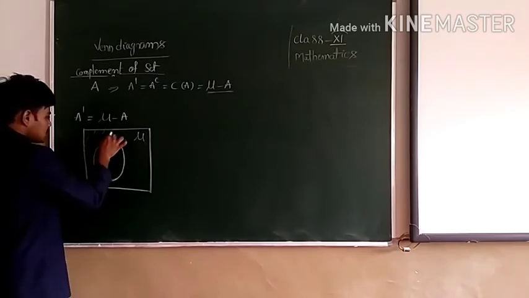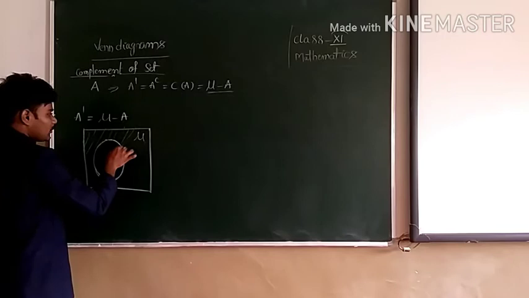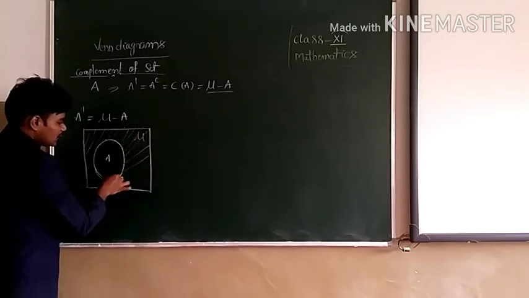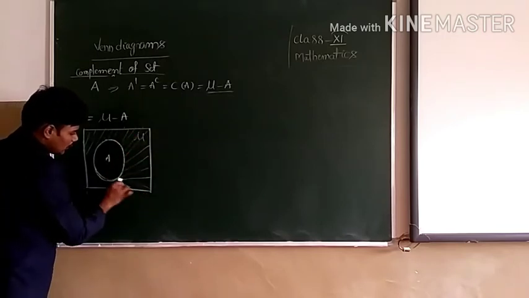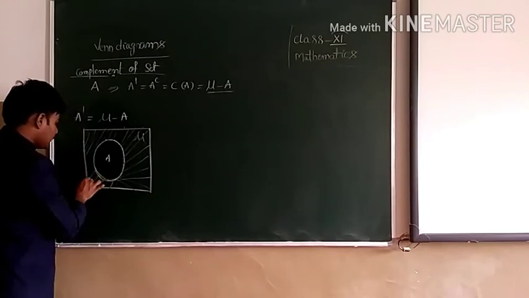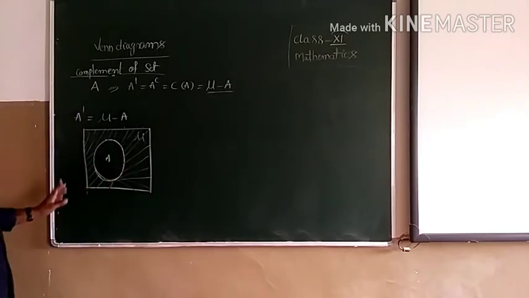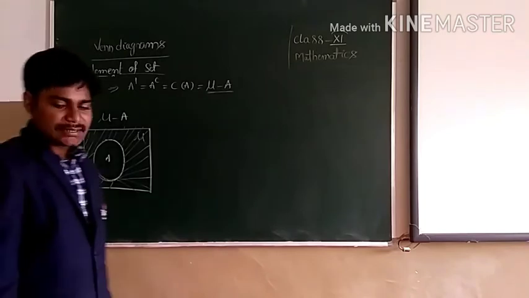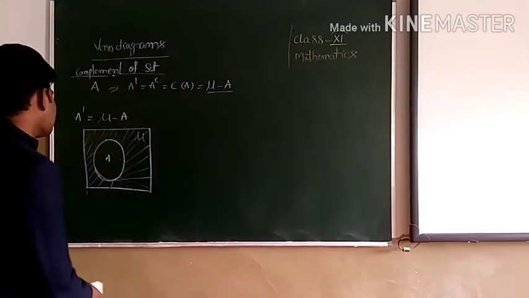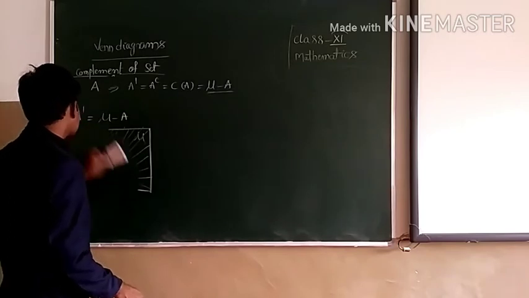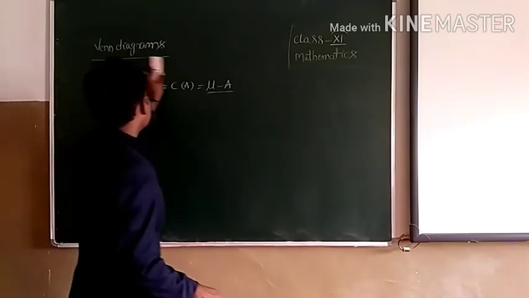We can see the remaining part, right? This represents the complement of a set. Clear?